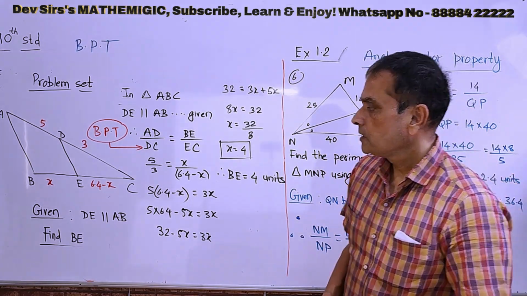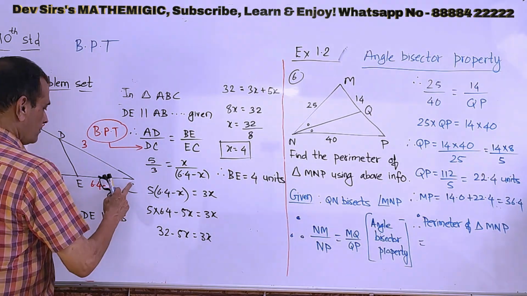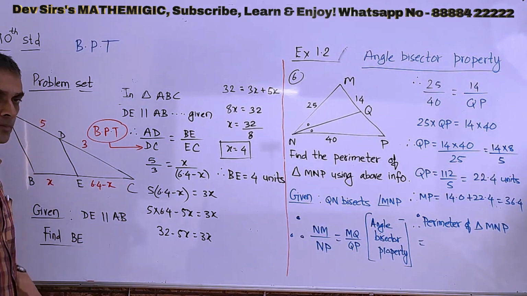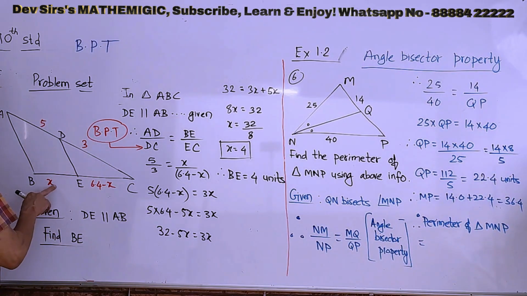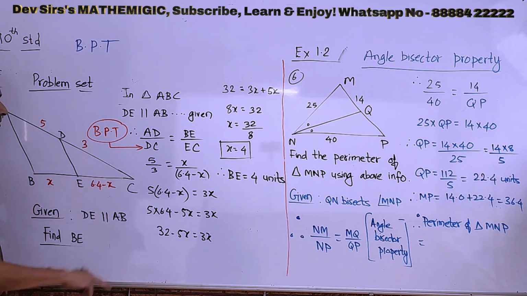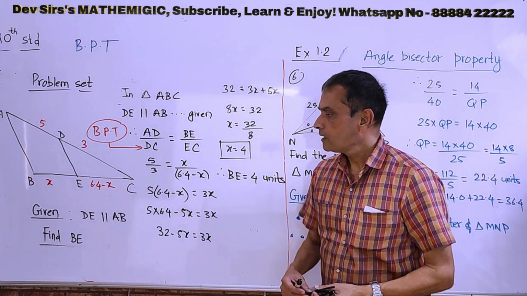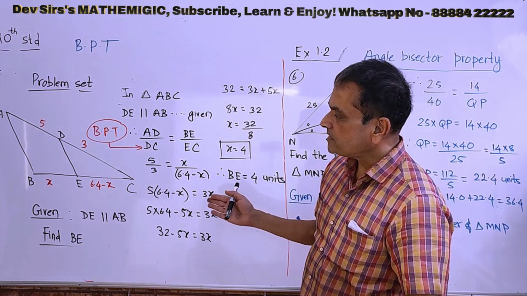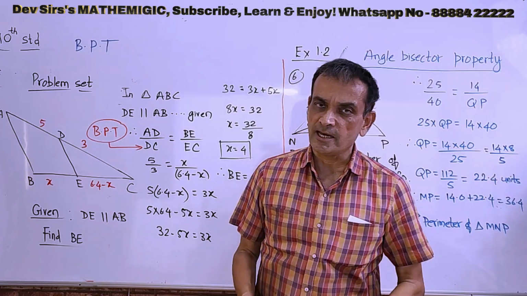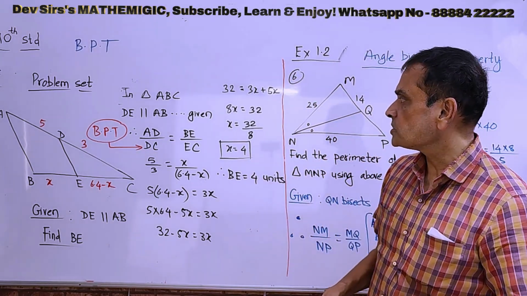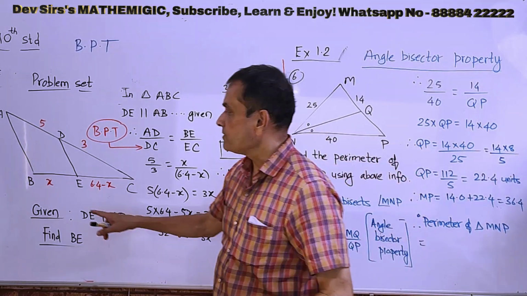In short, they can give BC directly as 6.4. If BC is 6.4, and if you take BE as x, EC will be 6.4 minus x. They have given that BE is x and EC is 6.4 minus x in the diagram. So from the given information, you have to find the value of side BE.